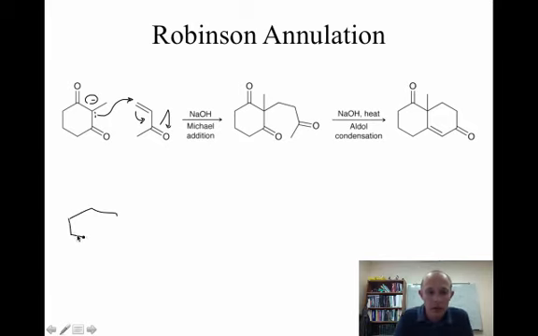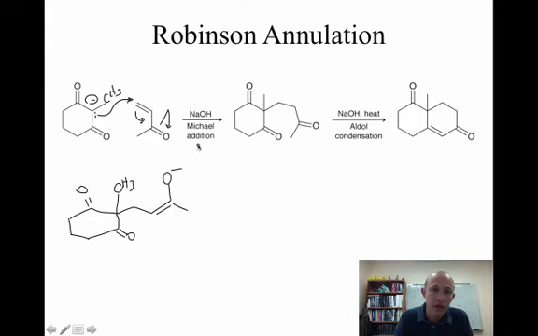So the product is going to look like this. We have the methyl that was already on there. So this carbon is this one, and this carbon is this one, and this carbon is this one, and we have an O minus.